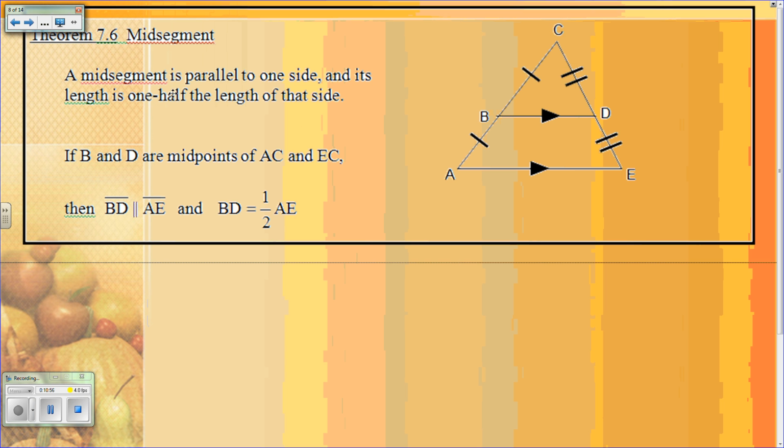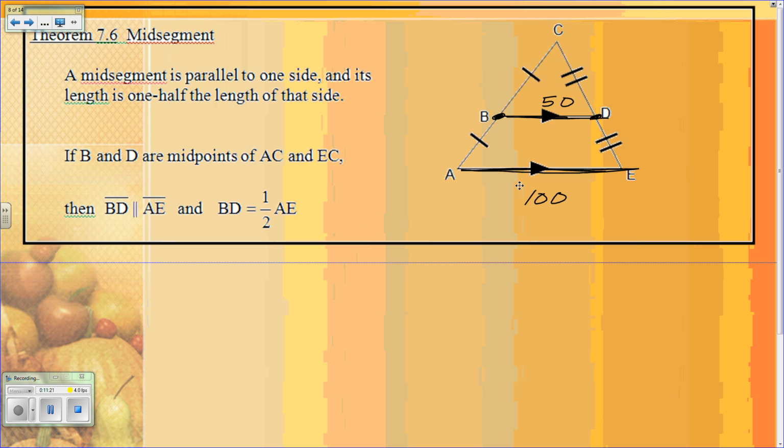All right, same thing here. We have a mid-segment, and what makes it a mid-segment is this is a midpoint, this is a midpoint. So I have all this equalness. When it's all equal, it makes things so much easier. But here's the cool thing. This mid-segment is half of this side. So if this side is 100, then this side is 50.